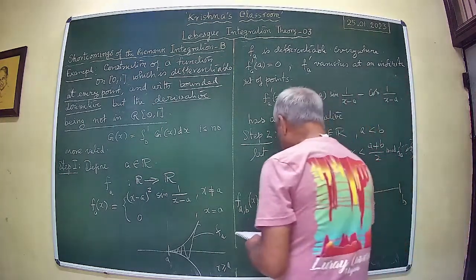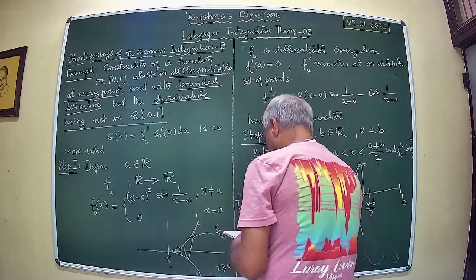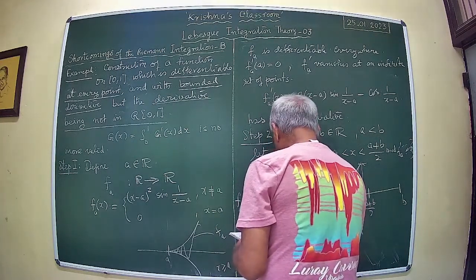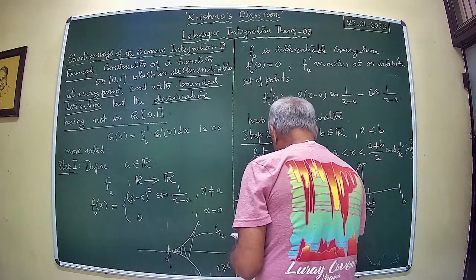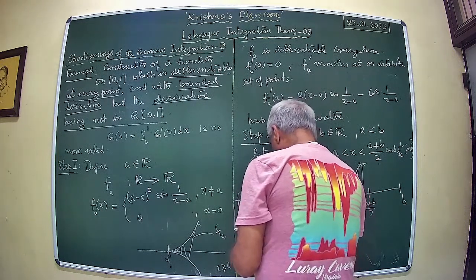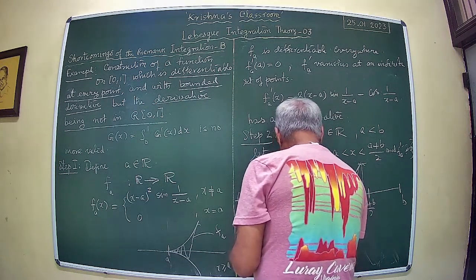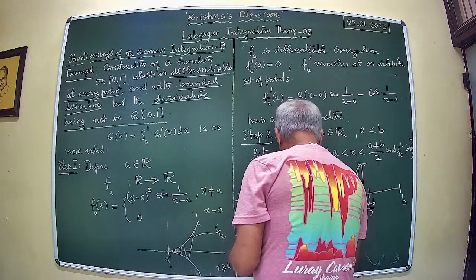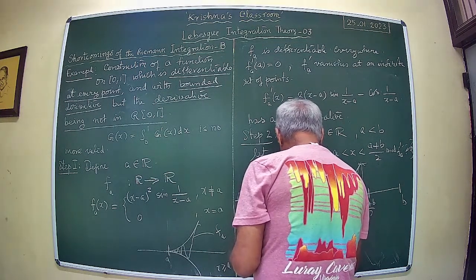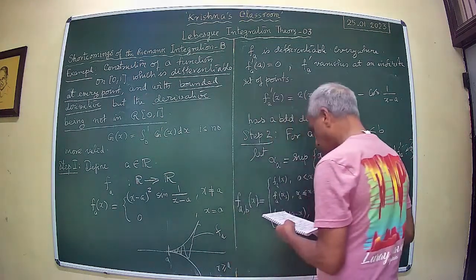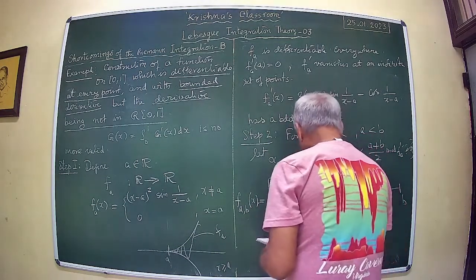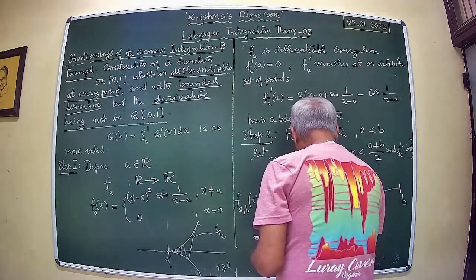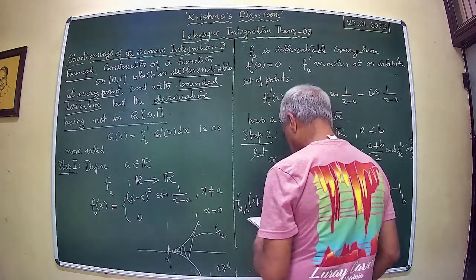And the function is defined as f_ab plus a minus x for b minus x, alpha_a minus a less than or equal to x less than b.